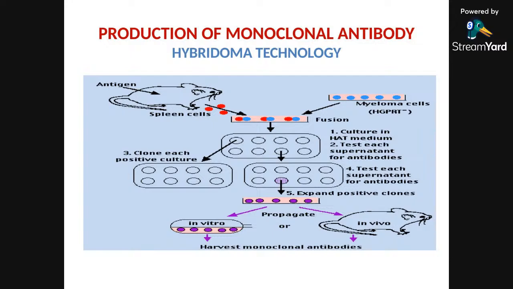At the same time, myeloma cells cannot grow without the HGPRT enzyme, because this enzyme plays the main role in producing the thymidine molecule. So it cannot produce it, and the myeloma cells will die in the HAT media. Only the hybrid of spleen cells with myeloma cells fused by PEG will grow.